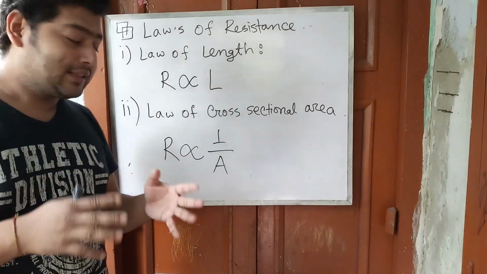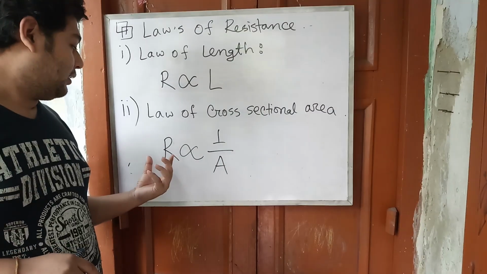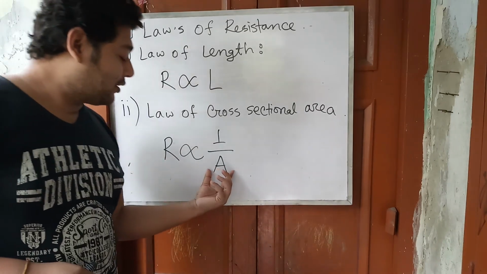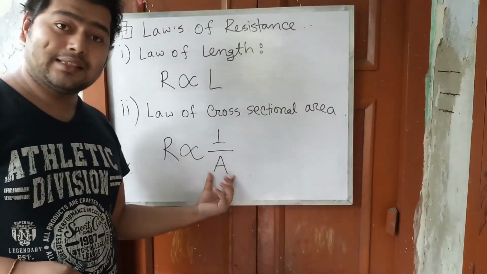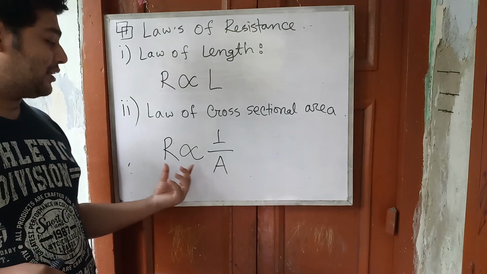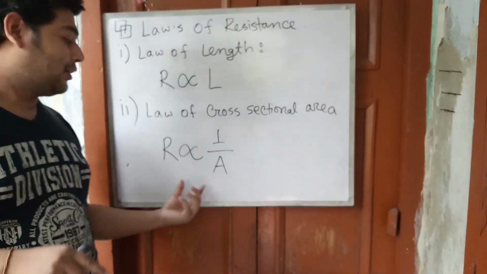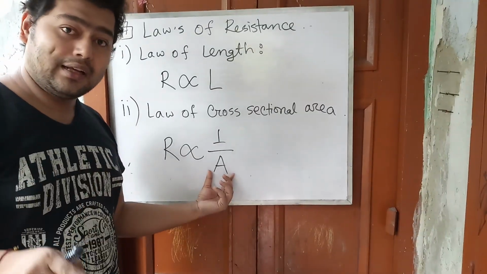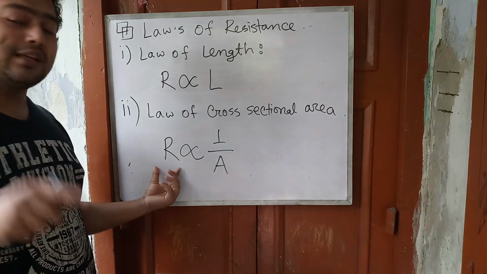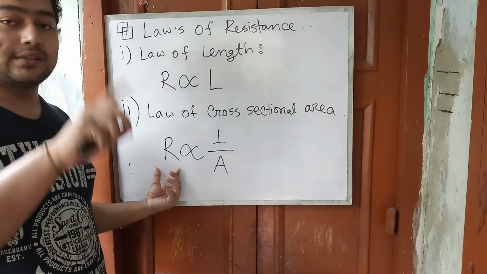Or if the cross-sectional area is decreased, then the resistance of the conductor will be increased.